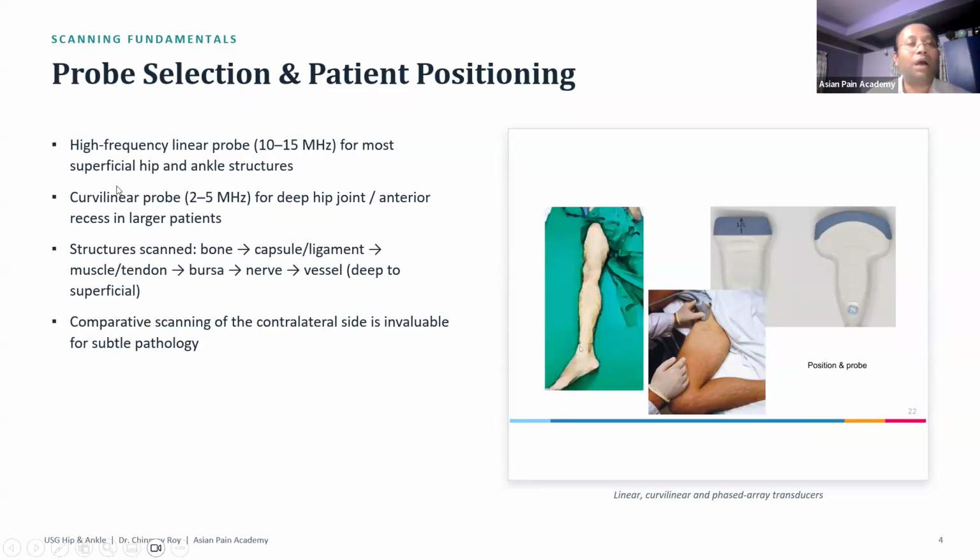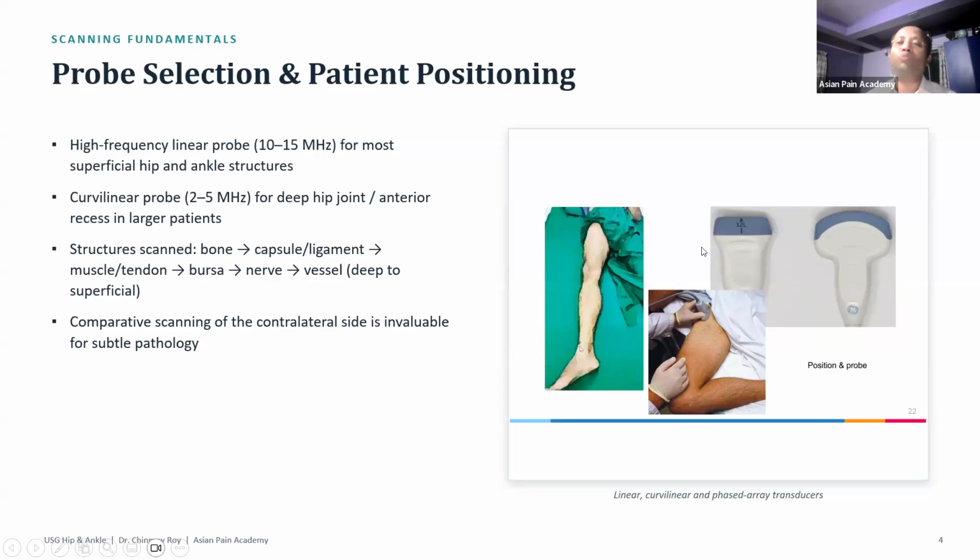Now probe selection and patient positioning. Most of the time the anterior and posterior hip is very deep, so we need a curvilinear probe. For the anterior hip joint, as you can see in this picture, most of the time we see by curvilinear probe.